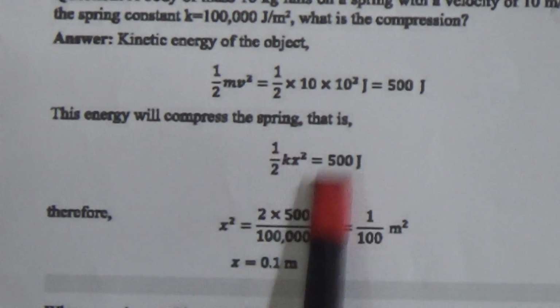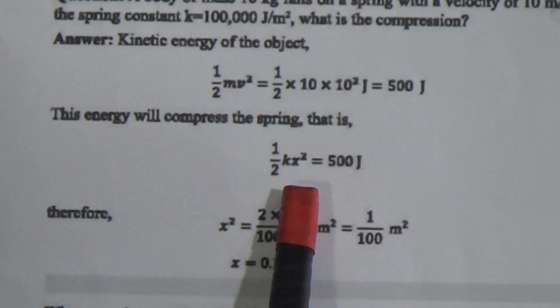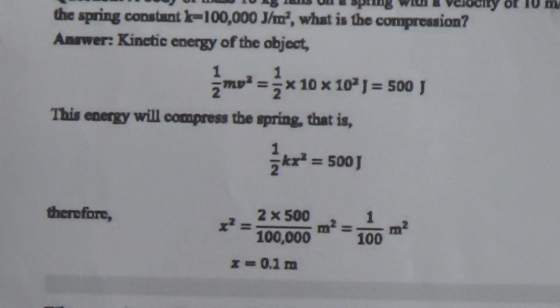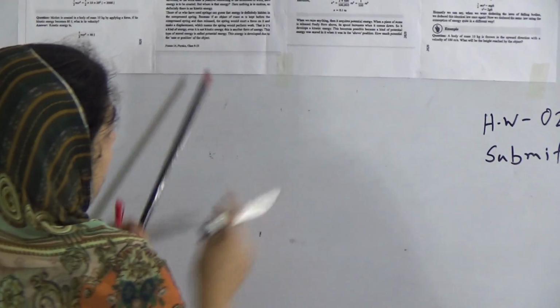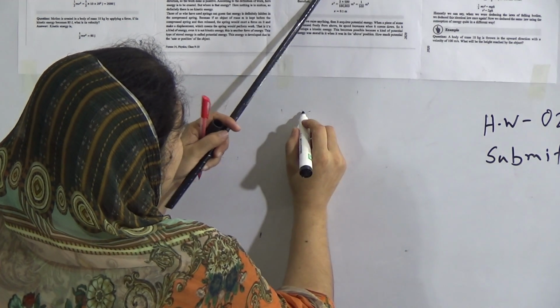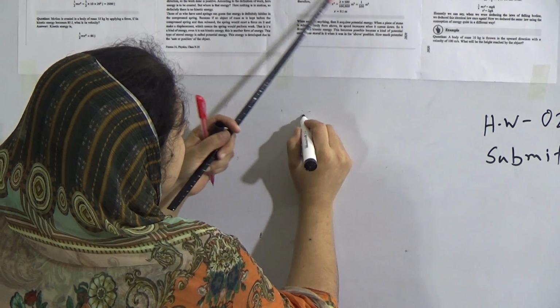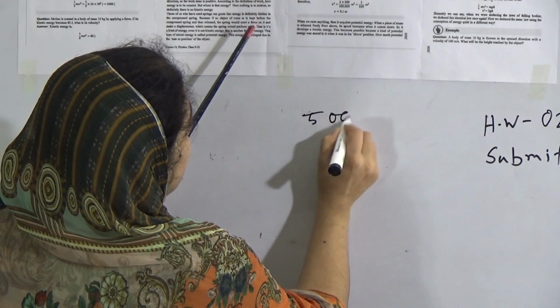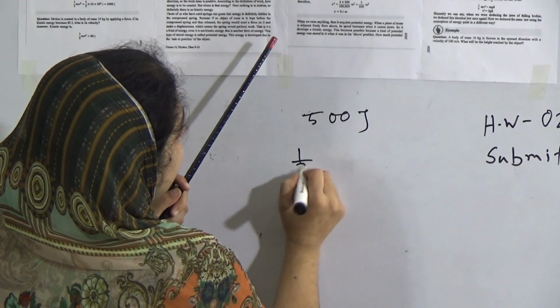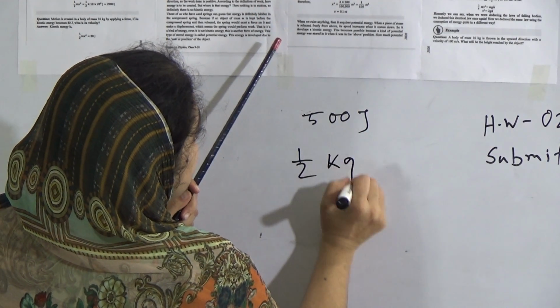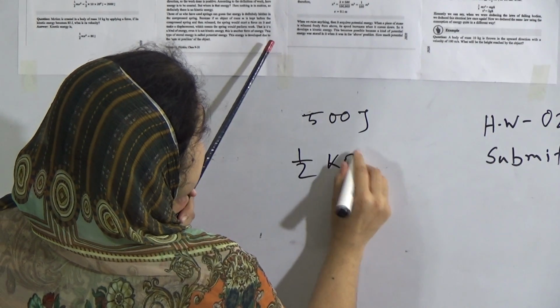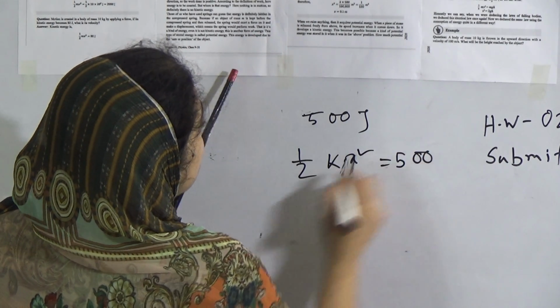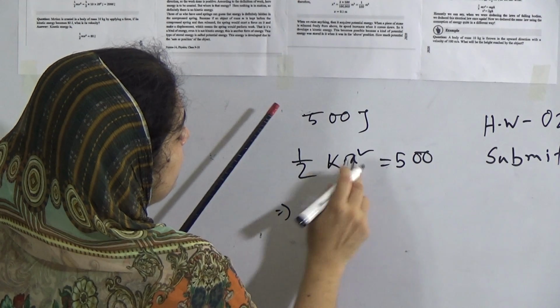This is another formula, and you have to memorize it: half kx square equals 500 joule. Here we already found the kinetic energy is 500 joule, so the spring energy half kx square equals 500 joule. Then we have to find out the value of x.